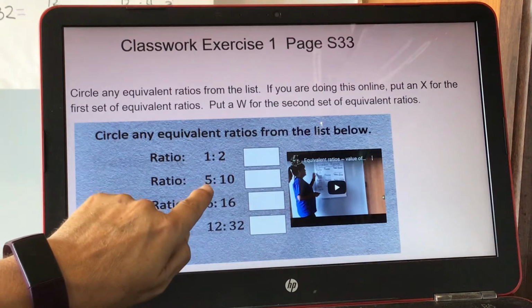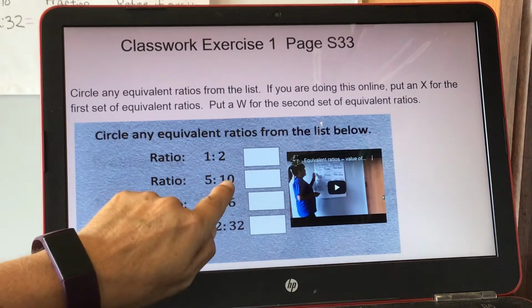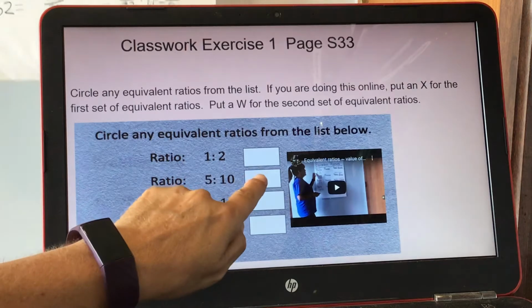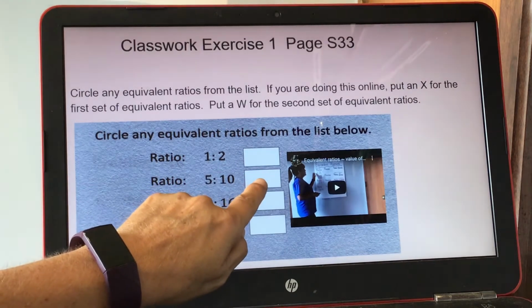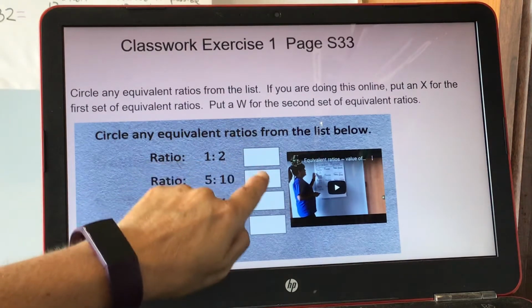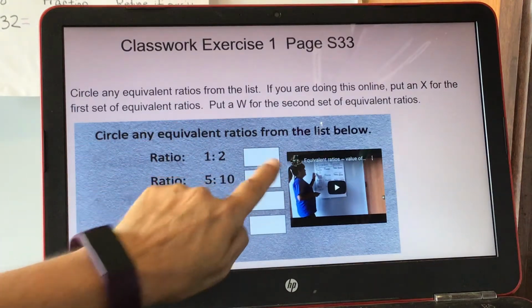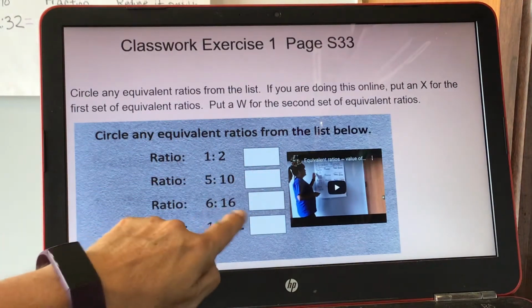I can reduce by 5. So 5 goes into 5 one time, 5 goes into 10 two times. So this would actually be 1 over 2. So these two are equivalent. They are equal.